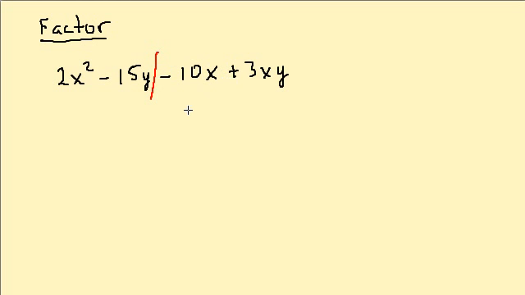So if I factor out a negative x, that's going to leave me with minus x times 10 minus 3y. And if I look at this first part, the x squared minus 15y, I don't have a common factor. So that's really doing me no good.